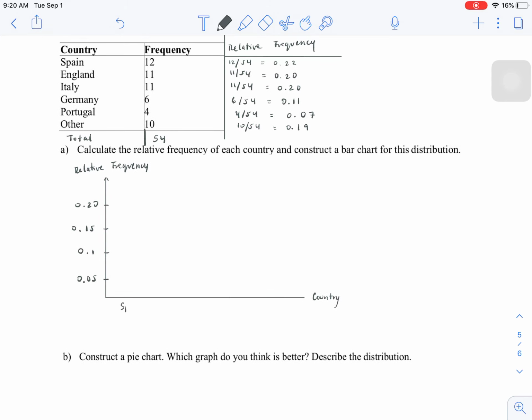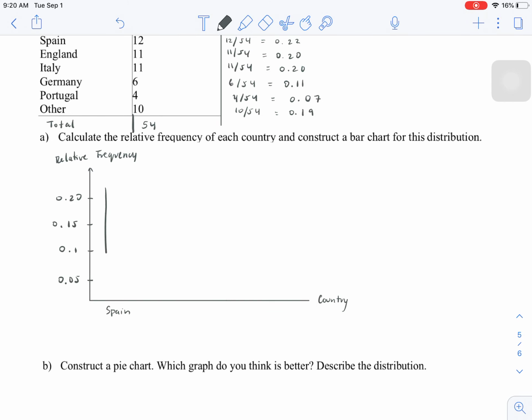So first I'll do Spain. They won 22% of the time, so I'll draw a bar about this high. And I'll write 0.22. Next, England and Italy. Their bars will be the same height because they've won the same number of times.